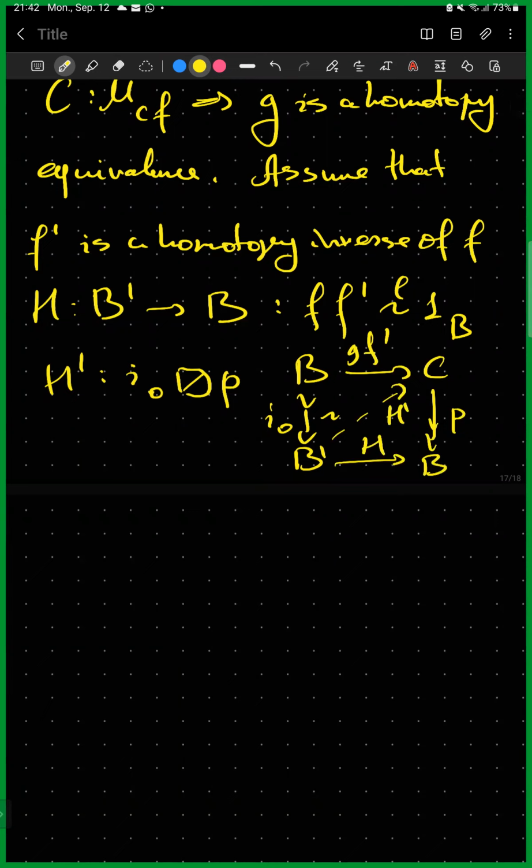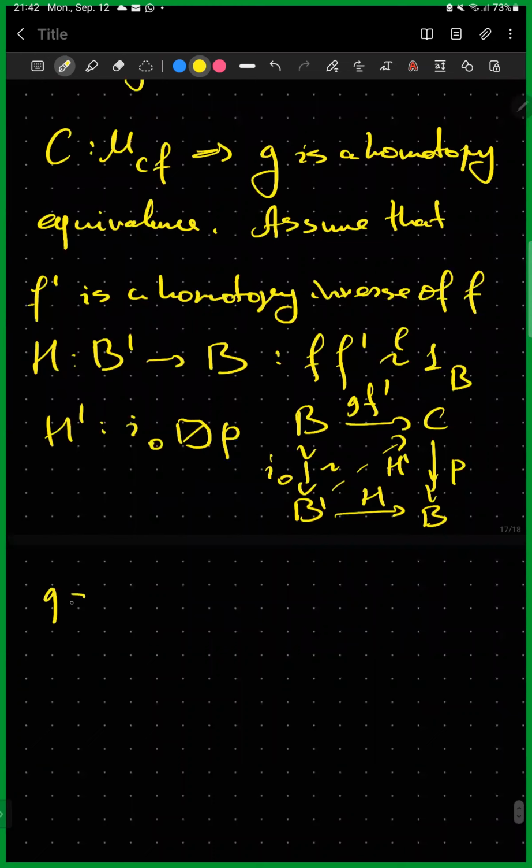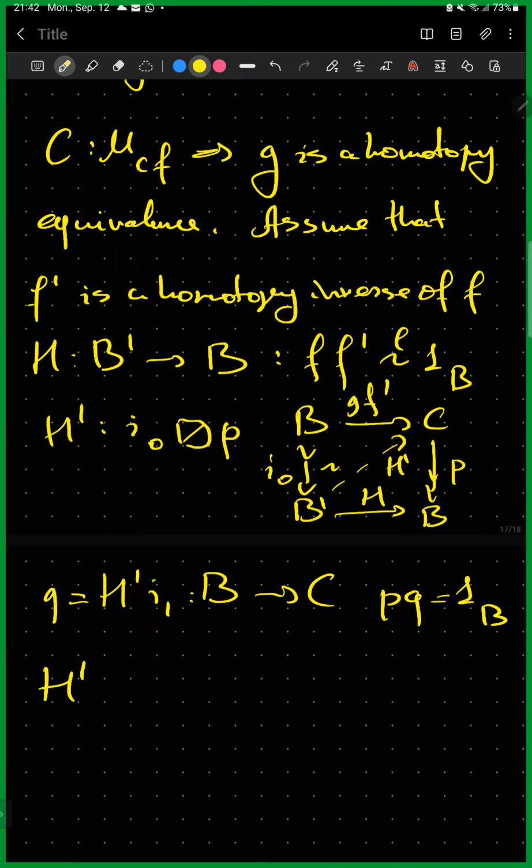Now denote by Q H prime I1, which is the map from P to C. Clearly, PQ is the identity on B. And H prime is a left homotopy between HF prime and Q.